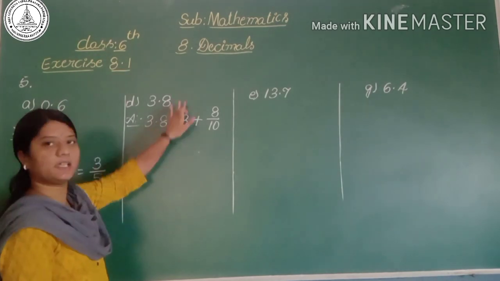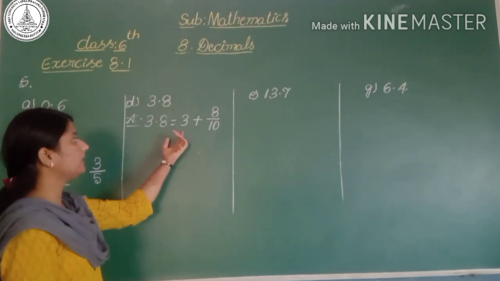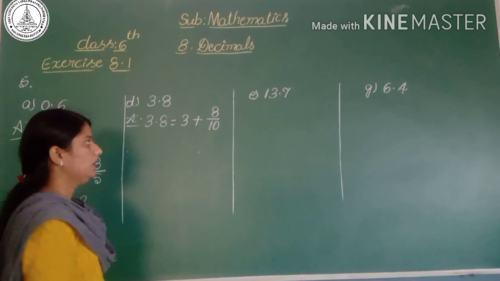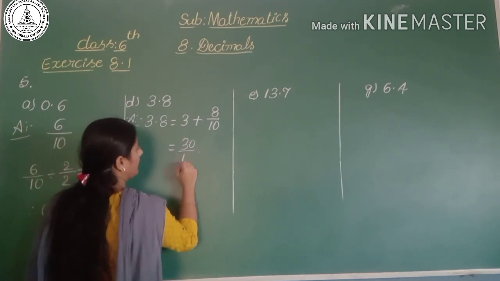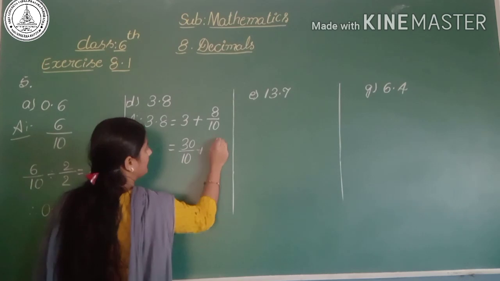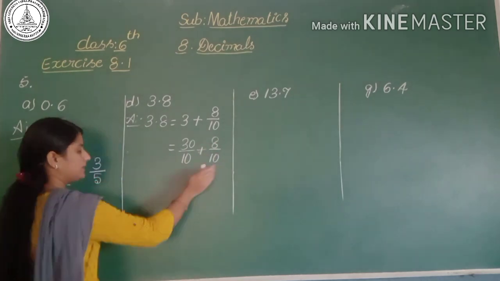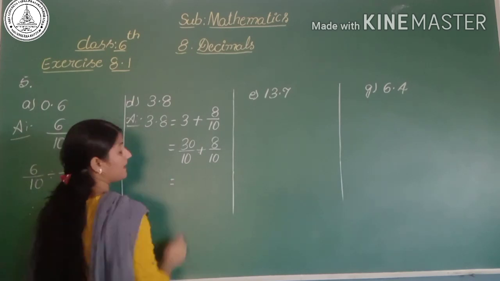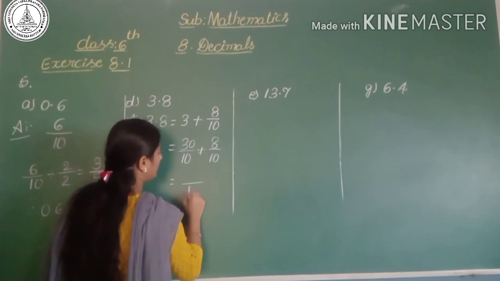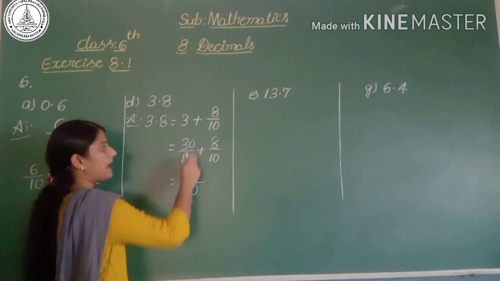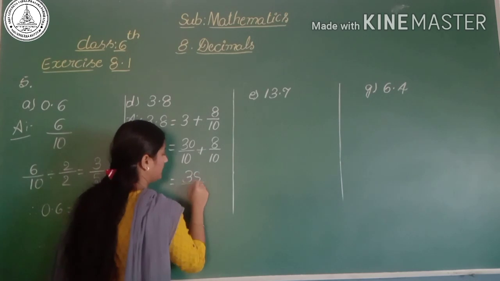We can write it as 30 by 10. So I will write it as 30 by 10 plus 8 by 10. Now these two are like fractions, so add them. The denominator is 10 as it is, and add the numerators. 30 plus 8 is 38.